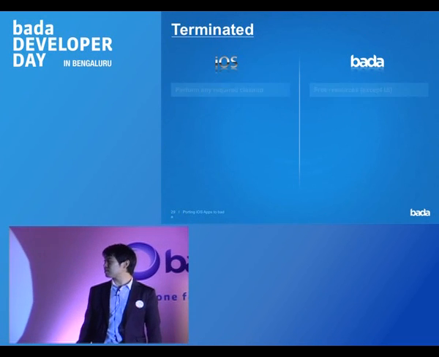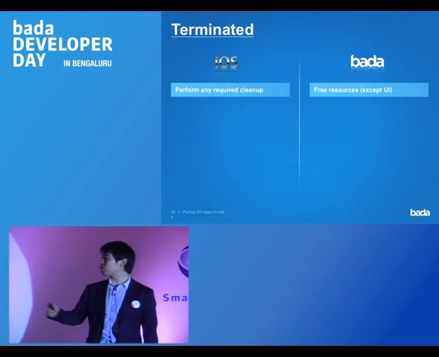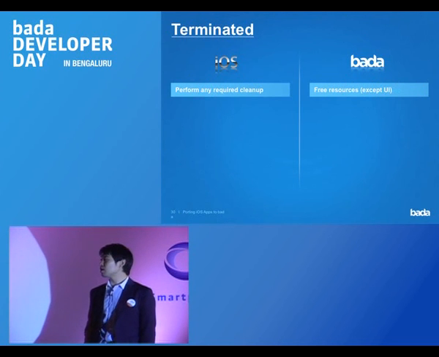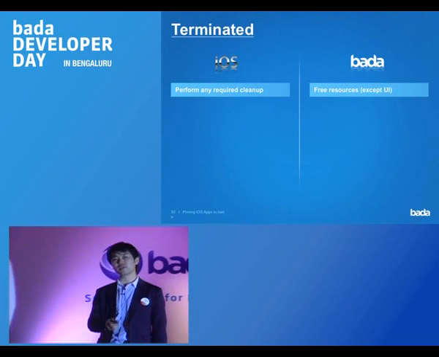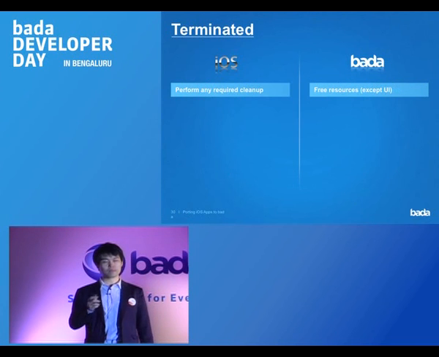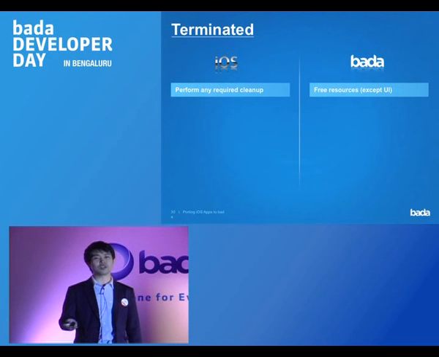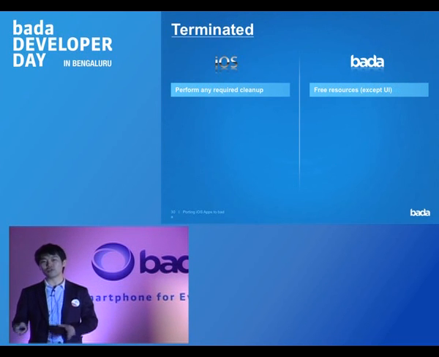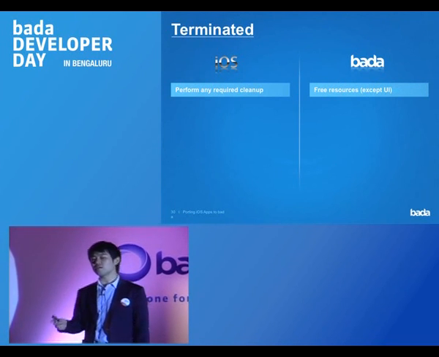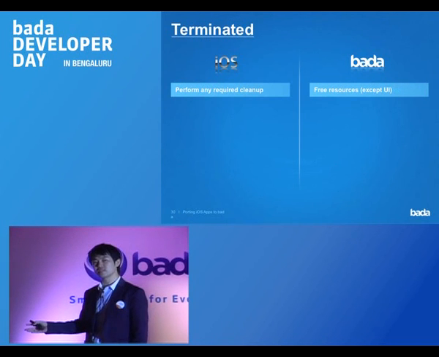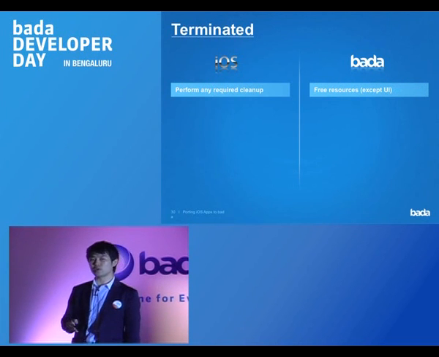And on terminate, it's the same but a little bit different. iOS cleans up all the resources of your application, but in bada you should also clean up the resources used by your application, except UI. The bada platform collects the memory used by the UI framework. So you don't delete UI resources, but everything else you should clean up yourself if it is used by your application.